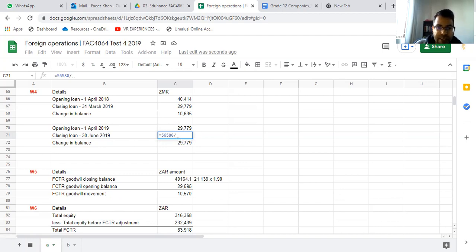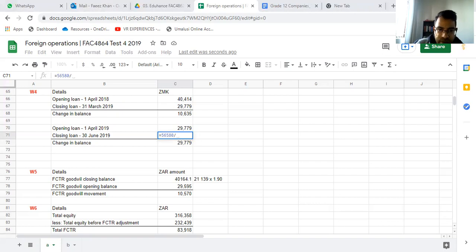So what is the exchange rate at 30th June 2019? Let's have a look. 1 Rand 70. Yeah, so I must use the average. So just take note, we need to use the rate at 30th June 2019, because remember what's happening. At 1 April 2019, we had the closing rate, so it was correct to use the closing rate at 31 March.